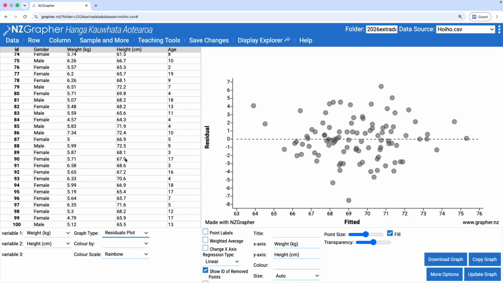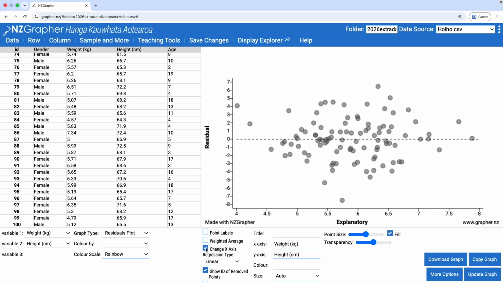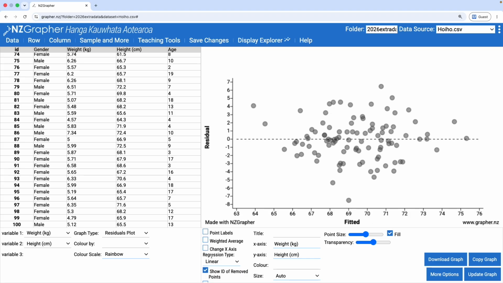The reason by default it does fitted versus residuals is if they go on and do any further statistical stuff, it's always fitted versus residuals, because that's much better if you're doing anything non-linear. When we used to do stuff like Excel, though, we would often do the explanatory versus the residual. It's a slightly different scale, but for a linear model it's kind of the same, but you can look at other models there as well.